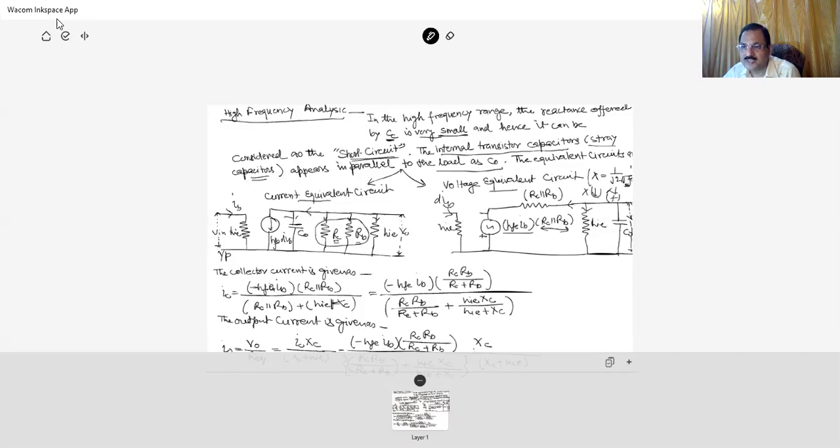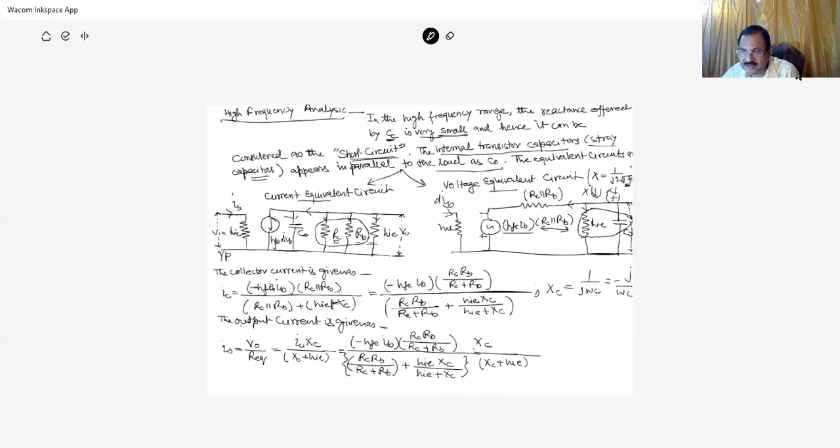This is the parallel combination, added to the parallel combination with HIE. So the collector current can be expressed in numerical form, where XC is equal to 1 upon J omega C, that is minus J upon omega C, as in the previous case.